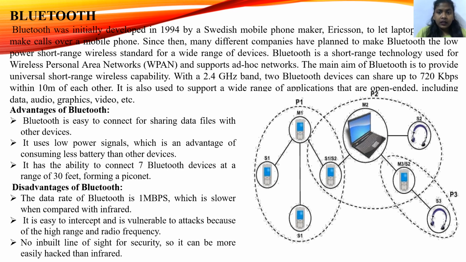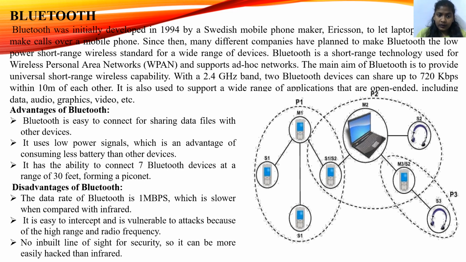Bluetooth is a short range technology used for wireless personal area network, or WPAN, and supports ad hoc networks. The main aim of Bluetooth is to provide universal short range wireless capability.